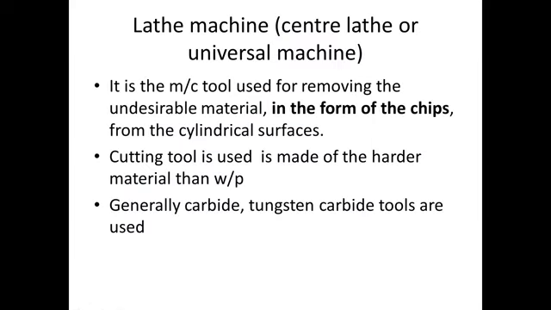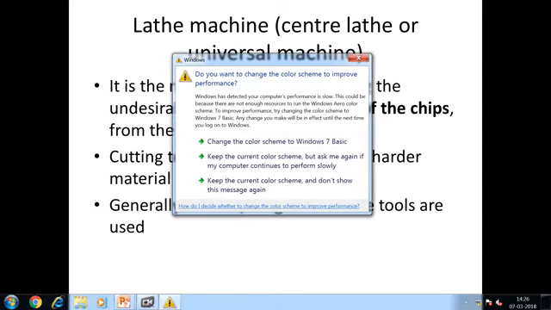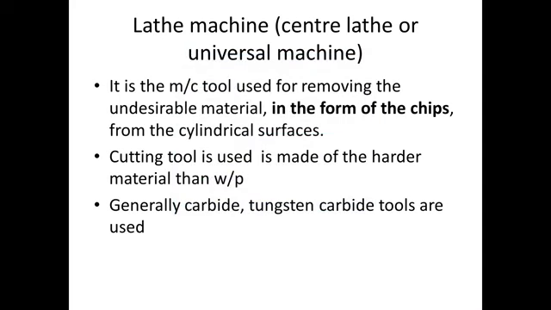We'll start with the first part of unit number 4, that is the lathe machine, called a center lathe or universal machine. It is the machine tool used for removing undesirable material, that is metal cutting operations, in the form of chips from a cylindrical surface. In the case of a lathe machine we use a cylindrical workpiece and the material is removed in the form of chips.